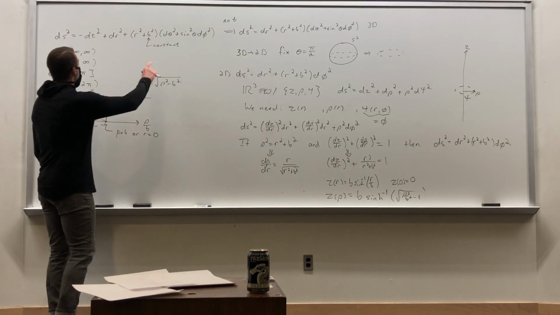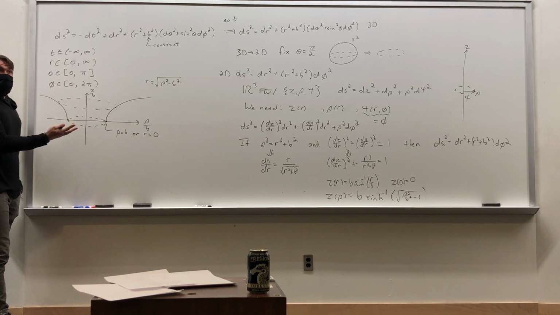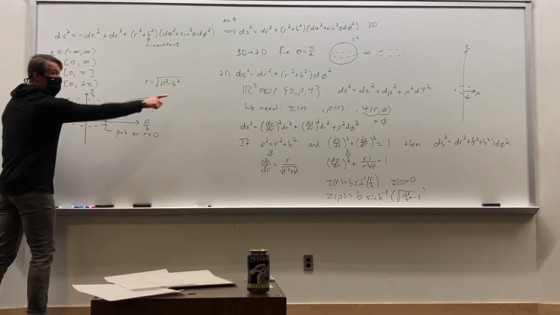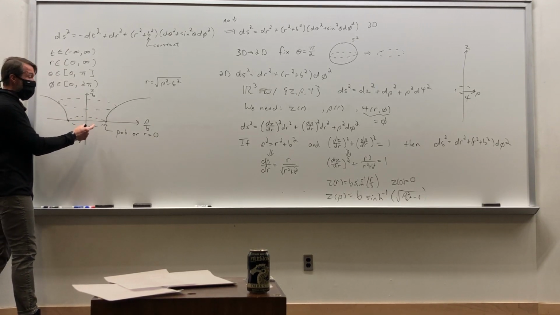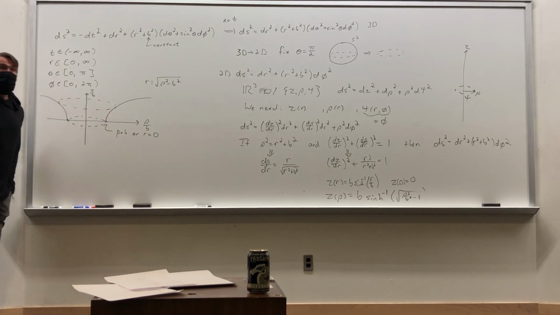Remember, the space that we started with had r going from 0 to infinity, and this space illustrates that same range for r. It's just that the value in the embedding space of r equals 0 is a distance from 0 along rho.